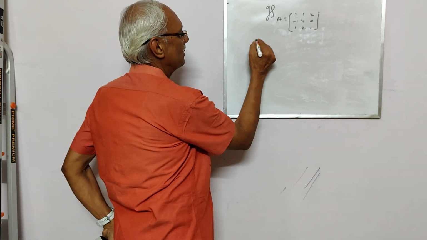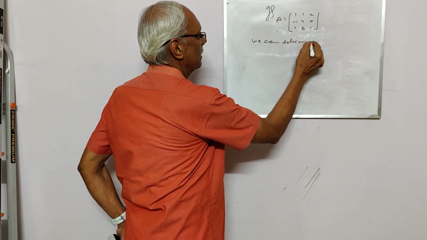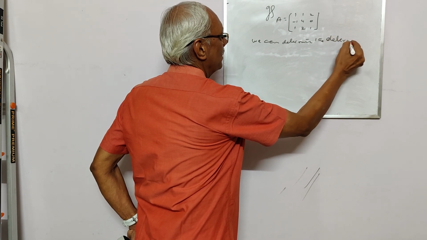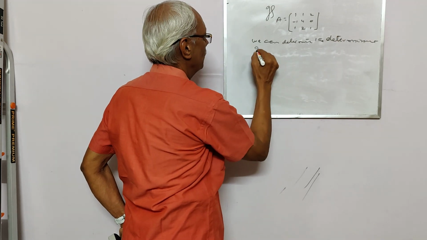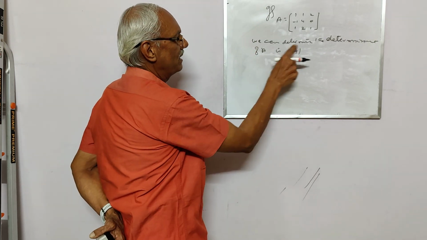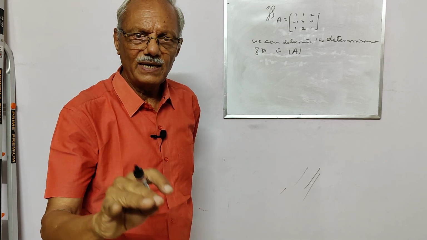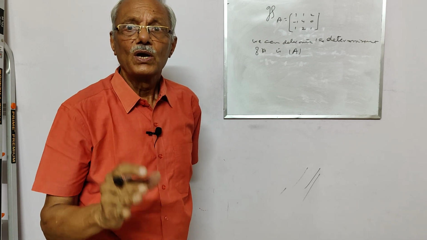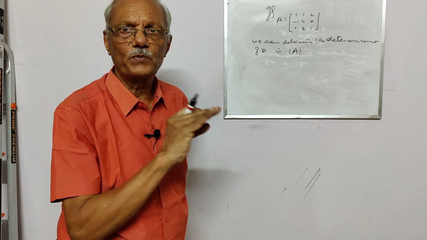Now we can determine the determinant of A. So if a given matrix is a square matrix, then we can find the determinant of A. How the determinant of A is found, I'll use this problem to explain.